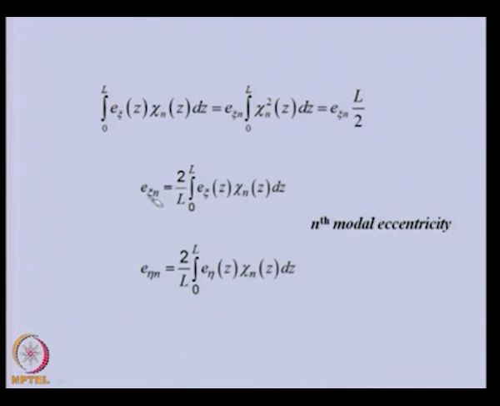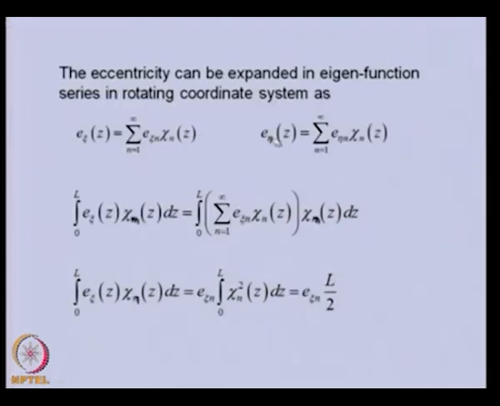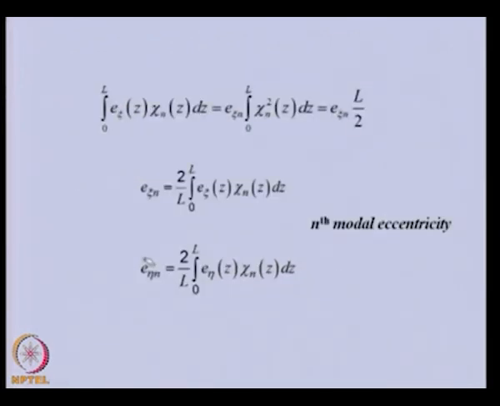Similarly, we can take the second one and obtain this constant, which will be given as E eta n is equal to this much. These we call the modal eccentricity, and the second subscript n represents which mode this particular eccentricity we are attaching. So, these are the nth modal eccentricity in the xi and eta directions.